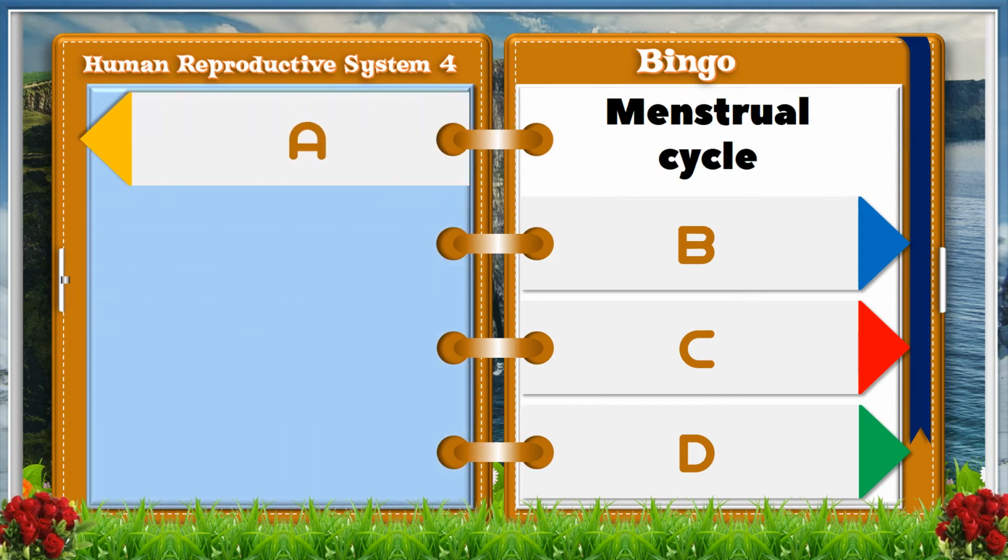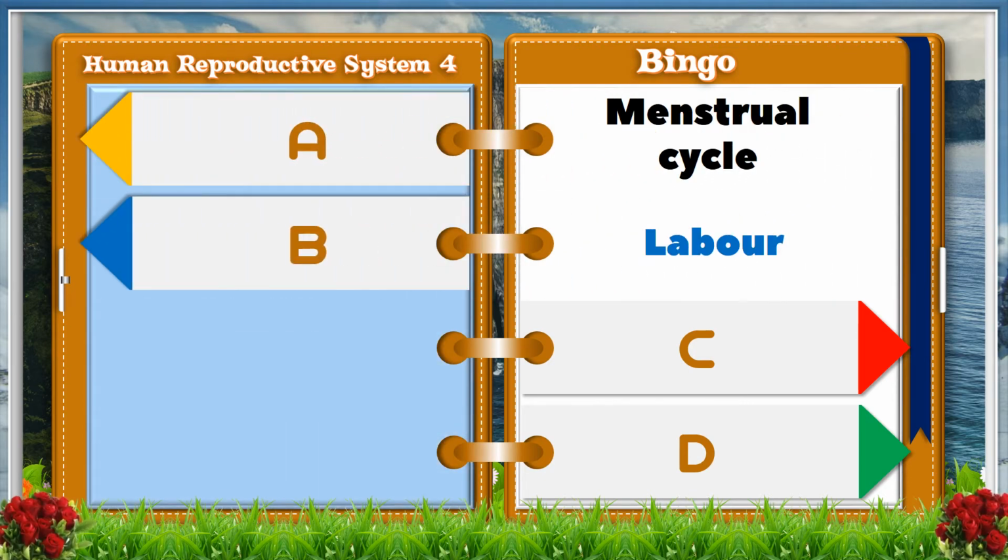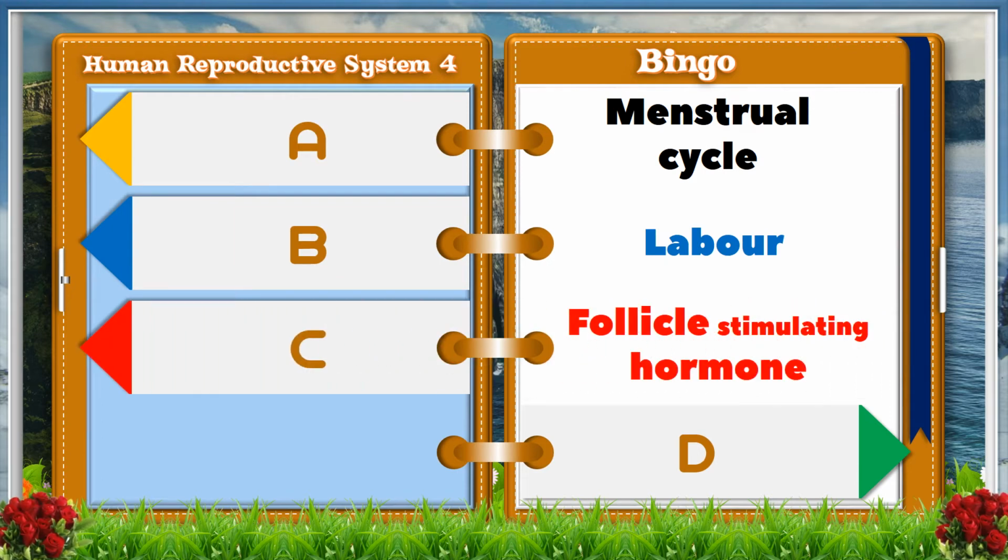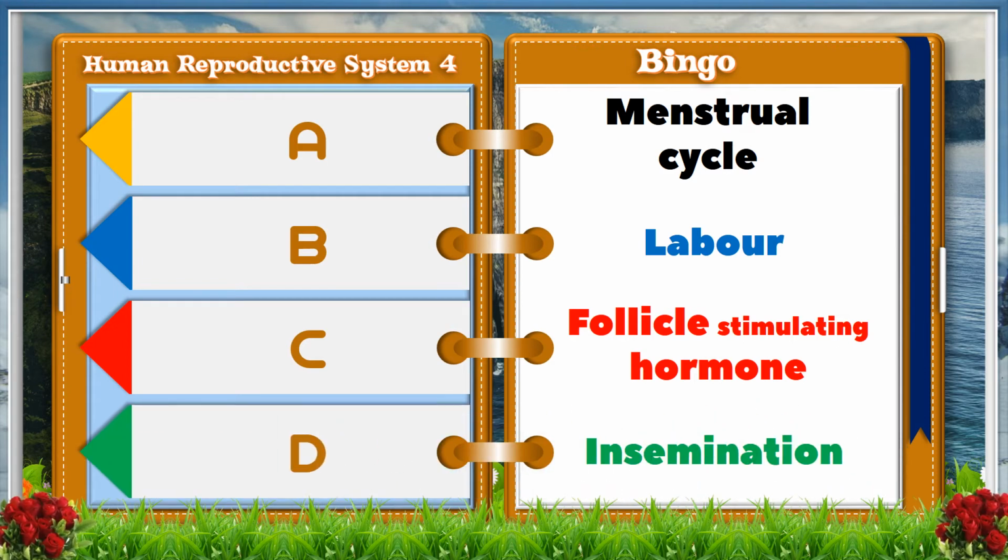A. Menstrual cycle. B. Labor. C. Follicle-stimulating hormone. D. Insemination. And the answer is A. Menstrual cycle.